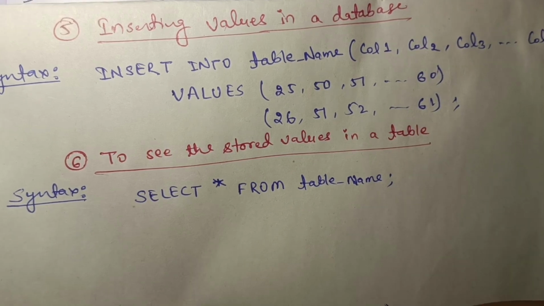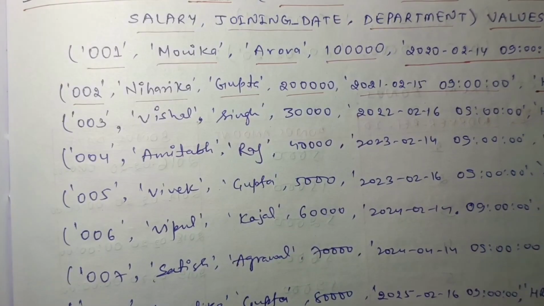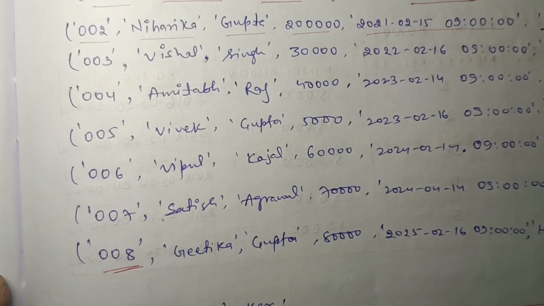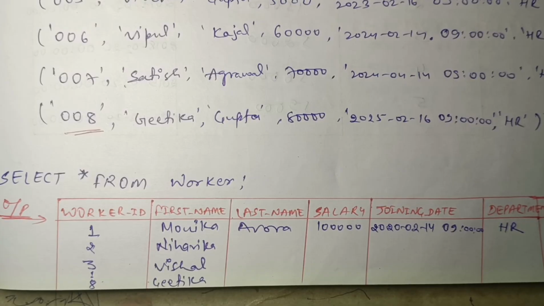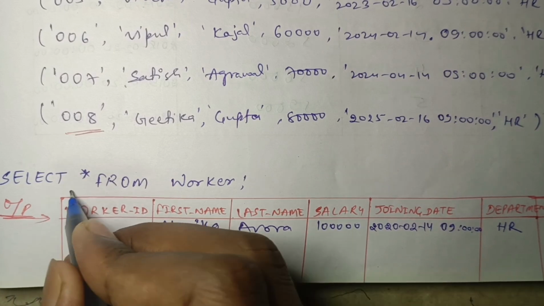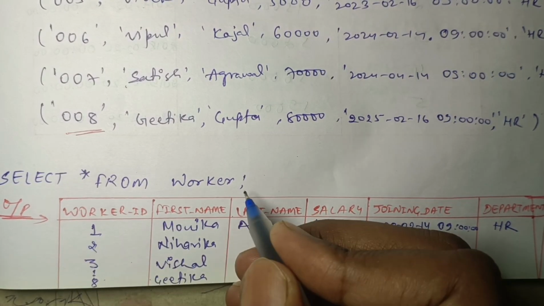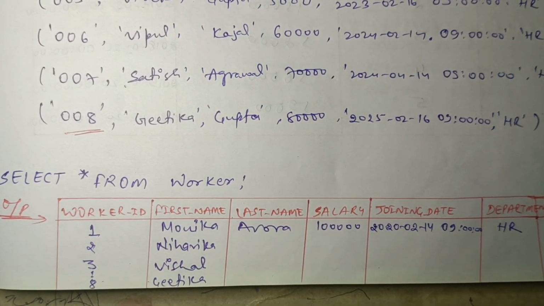So let's see the example for clarity. As previously we have created a table named worker, then we inserted the values in the worker. Now we want to see the values stored in the worker, then we use the select command. By writing this command, that is select star from worker, we can see all the values inserted in the worker table.